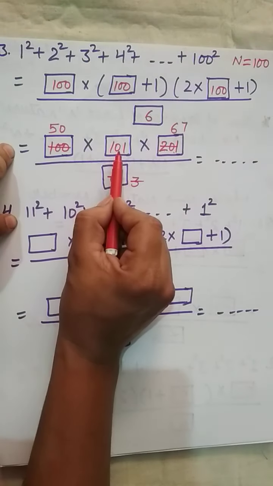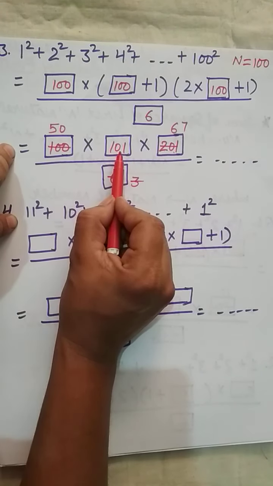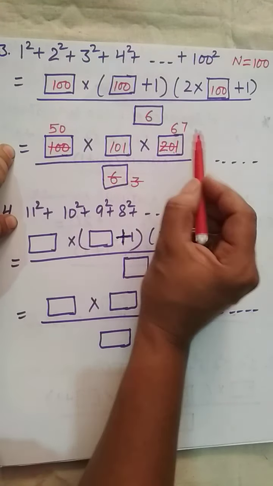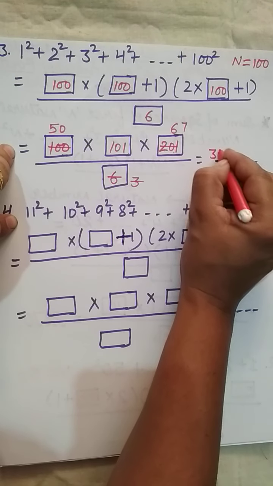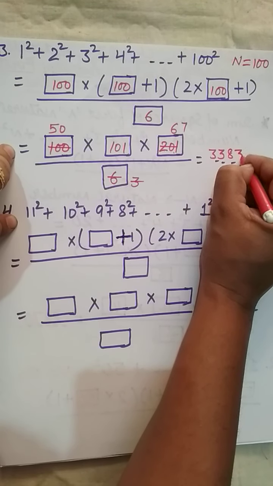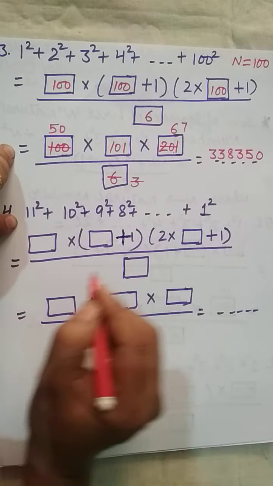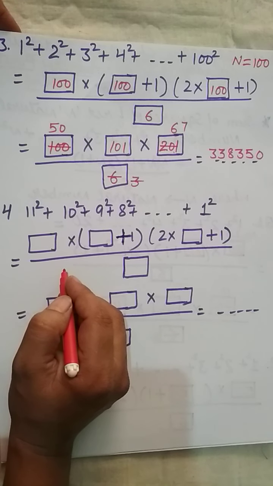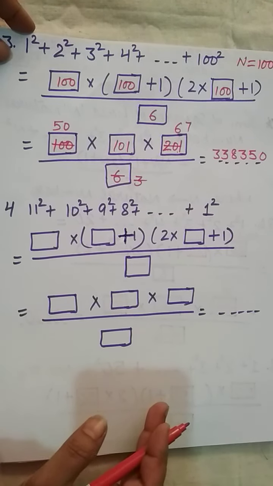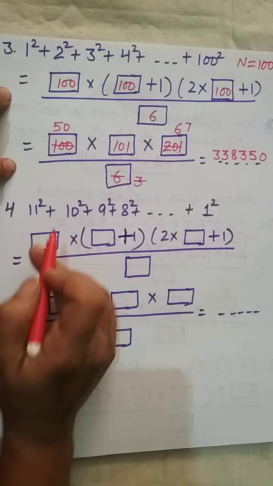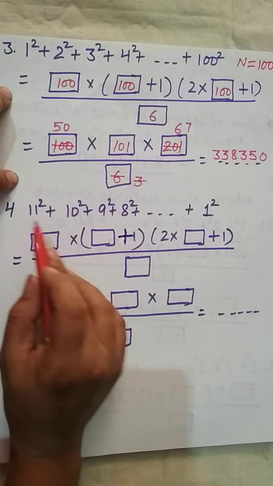Now 50 multiplied by 101 multiplied by 67 is equal to 338350, which is the answer.